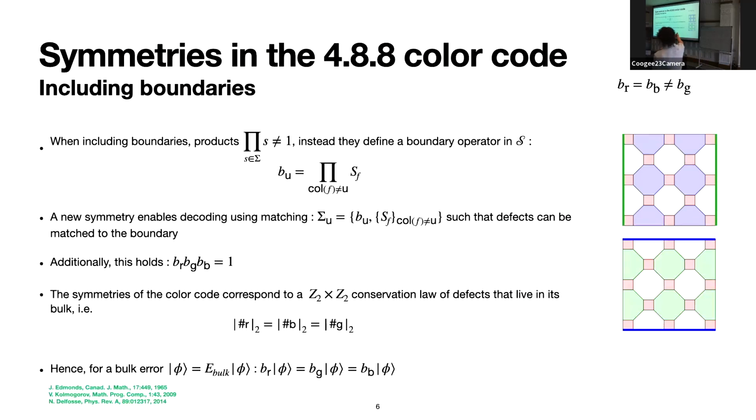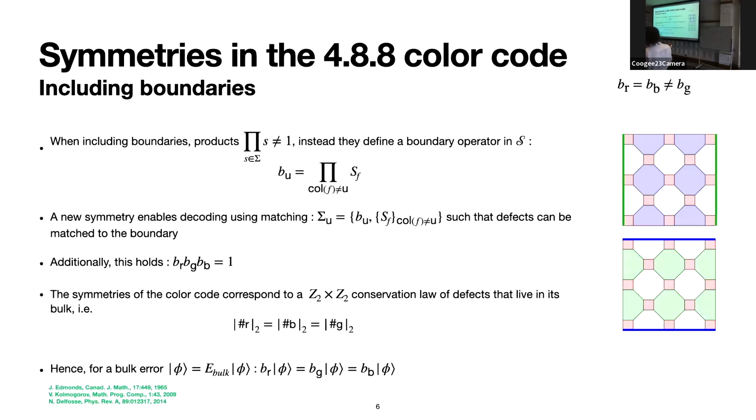Instead, they give us a boundary operator, like the green boundary and blue boundary shown here for the square hexagon code. These boundary operators are defined as the product of all the faces that have a color not equivalent to the color indicated by the boundary operator.